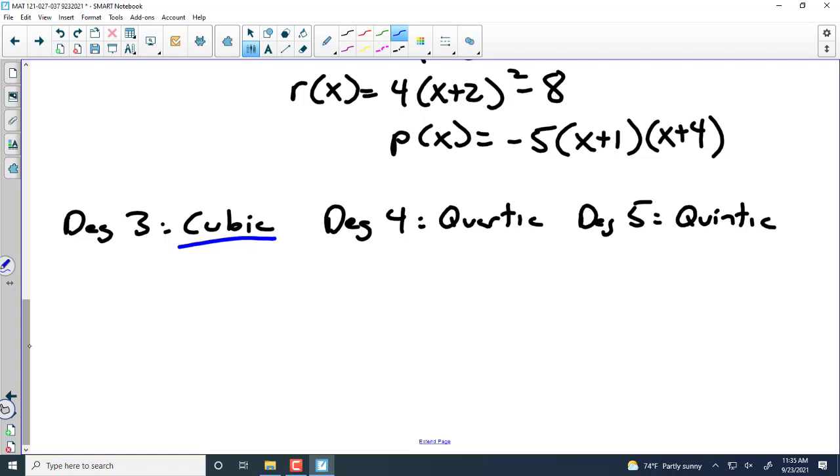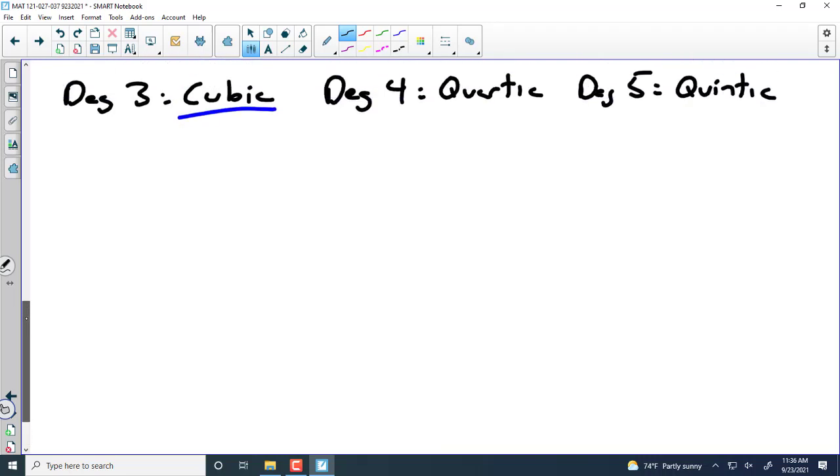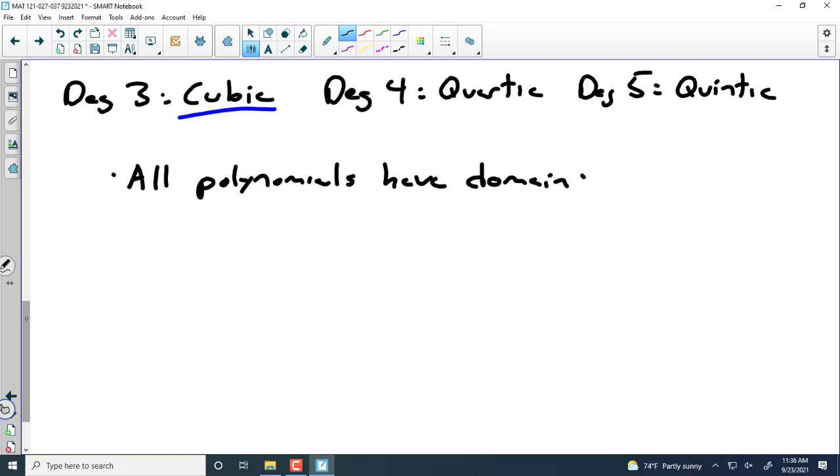Why do we like polynomials so much? Well, one thing we already know about them is all polynomials have domain what, everyone? What's the domain of every single polynomial ever? Negative infinity to infinity. Any single polynomial you ever write, you can plug any number you want into it.